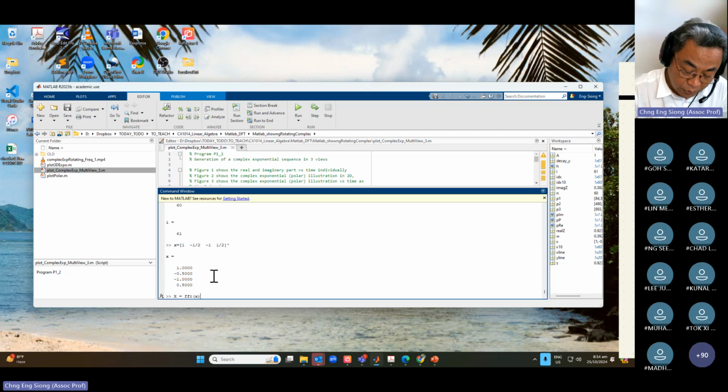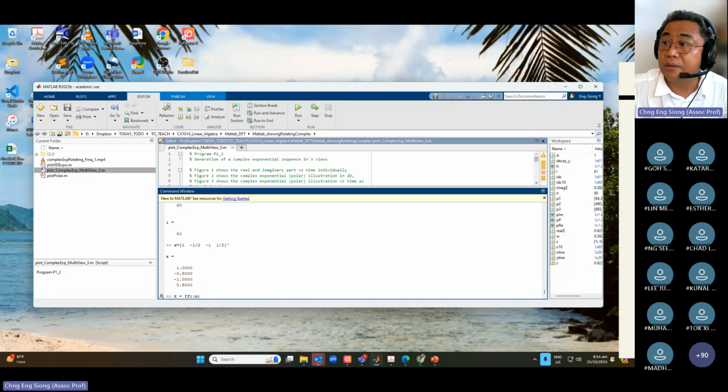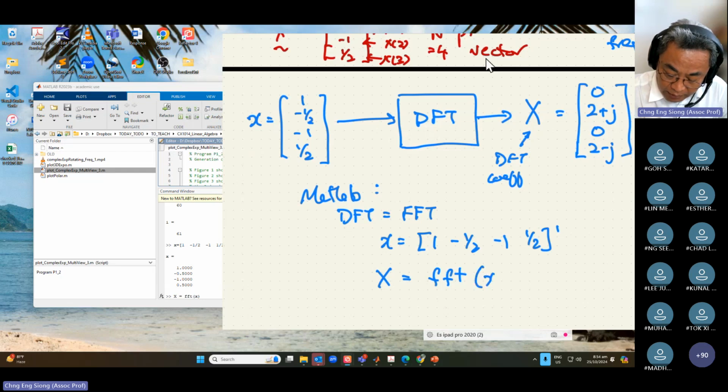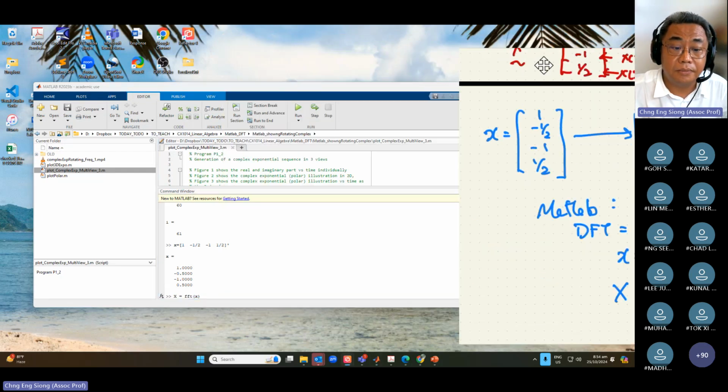So I will write for you. Small x is equal to 1, minus half, minus 1, half, transpose. Okay, guys? And big X is equal to FFT of the small x. And out pops the answer. Okay, let's see the answer.